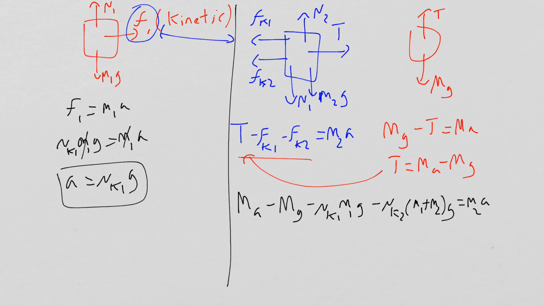Okay, so we put everything with a on one side and factor it out. So we have a times (m plus m2) equals, we notice our three terms that are left over all have a g in them, so we'll factor that out. And we have a capital M minus mu k1 m1 minus mu k2 (m1 plus m2).